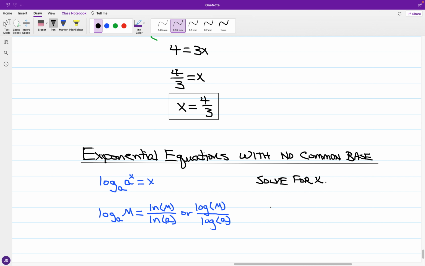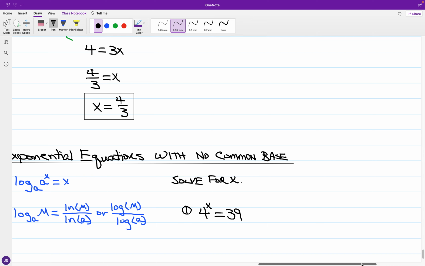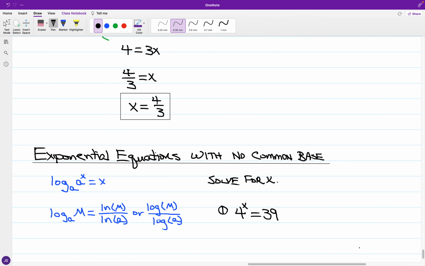Say if you're looking at solving for x, and we'll say that we have 4 to the x is equal to 39. So you have 4 to the x is equal to 39. So you have like 4 to the first is 4, 4 squared is 16, 4 cubed is going to be 64.